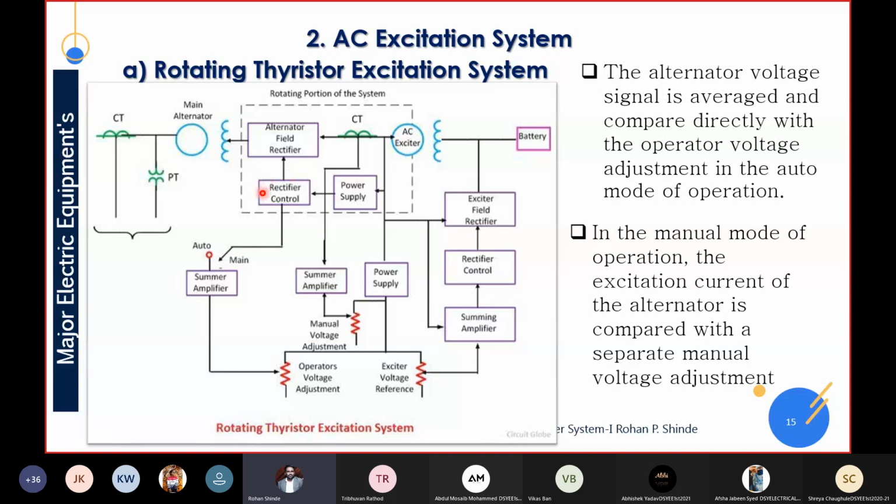The main function of the rectifier control and power supply is to generate the triggering signals.